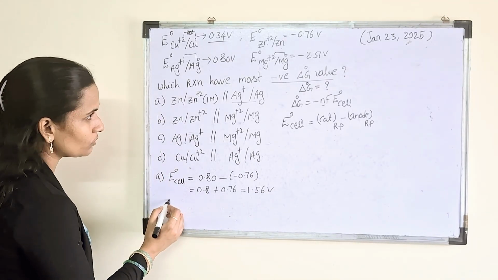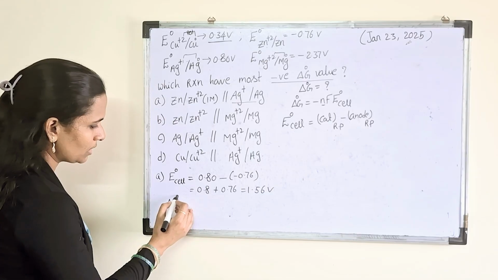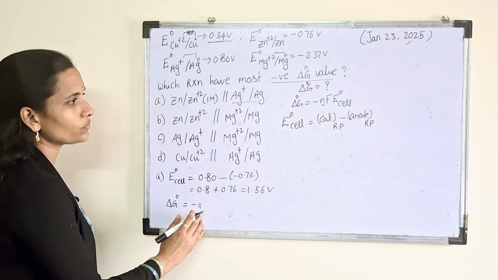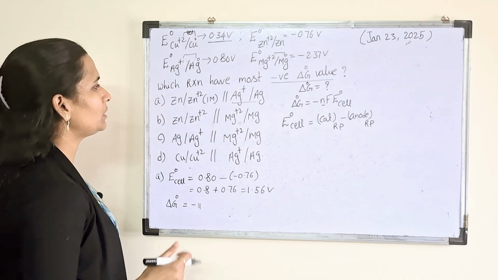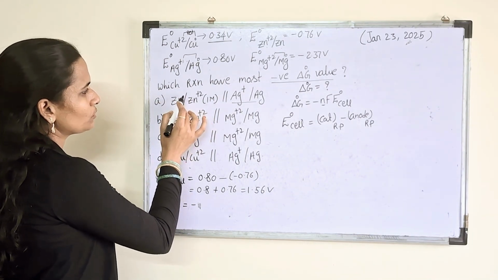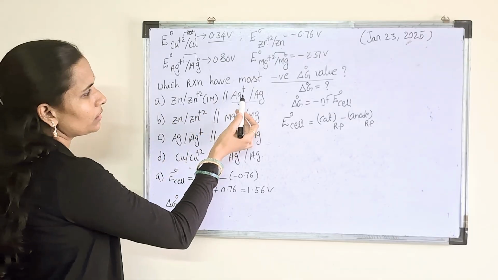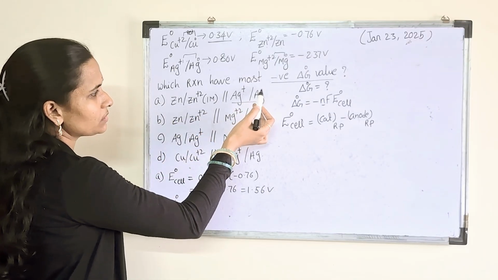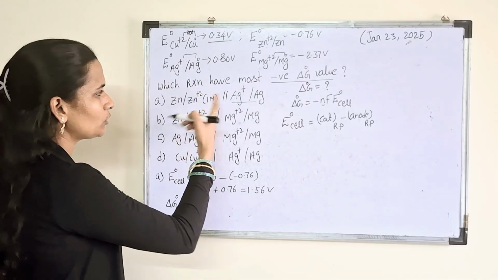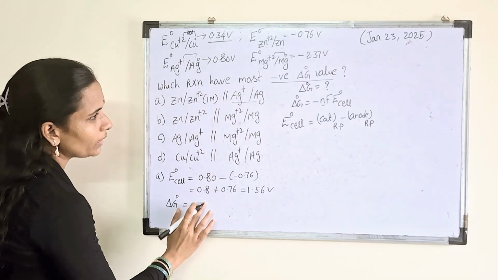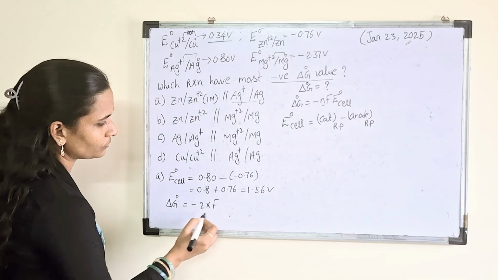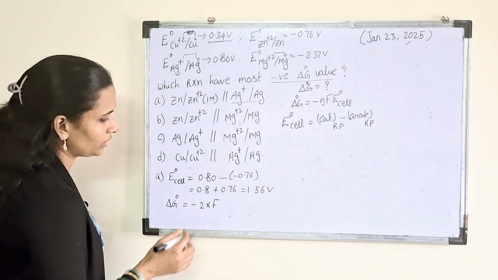Now calculate the delta G naught value for the first equation. Delta G naught equals minus n, the number of electrons involved. Here zinc becomes Zn²⁺, so 2 electrons are involved. Ag⁺ becoming Ag has only 1 electron, but when you balance the equation we get 2 electrons. So the n value is 2, and Faraday's constant is 96,500 coulombs.